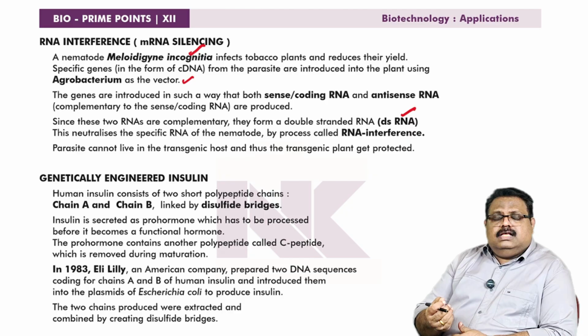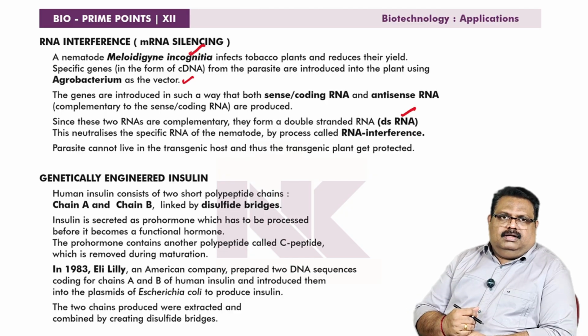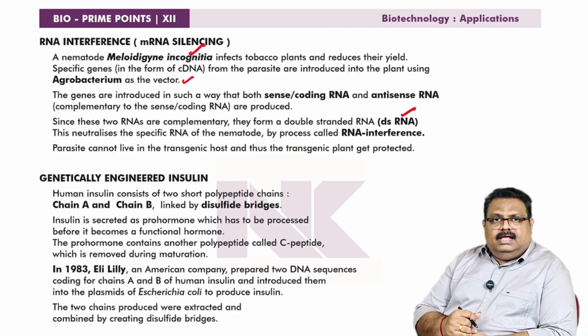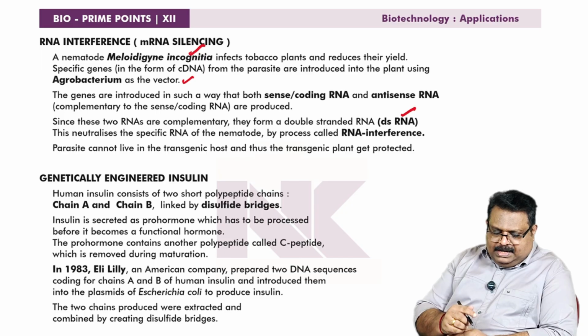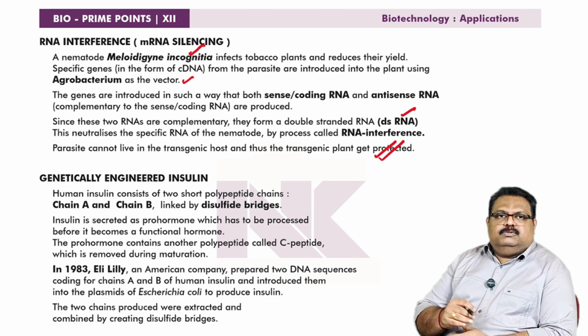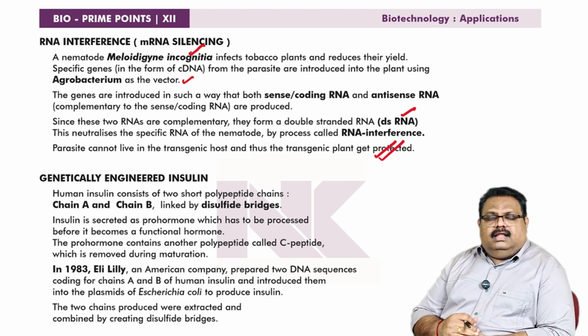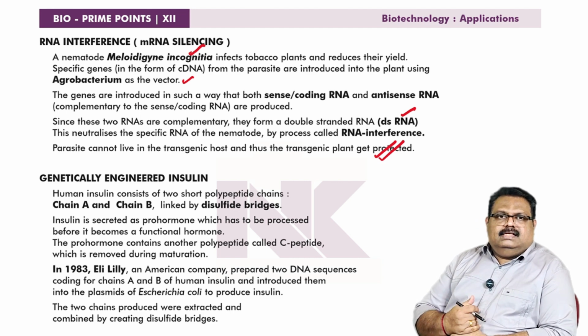But when the RNA itself is made in a double-stranded form, translation is not possible, isn't it? That means the functioning of the RNA is silenced. So that is why it is called mRNA silencing. The parasite cannot live in the transgenic host, and thus the transgenic plant gets protected. This process is called RNA interference or mRNA silencing.